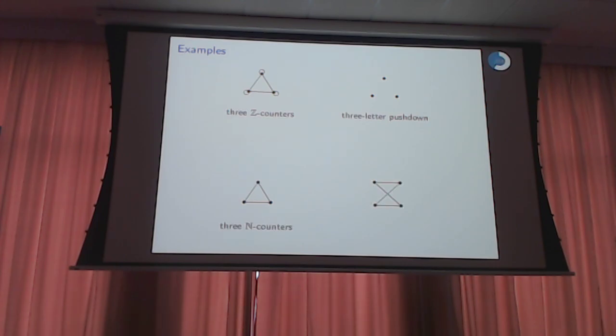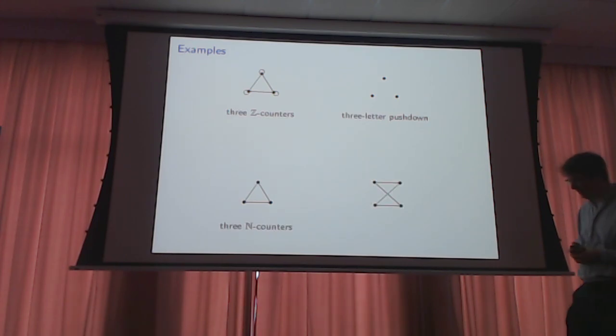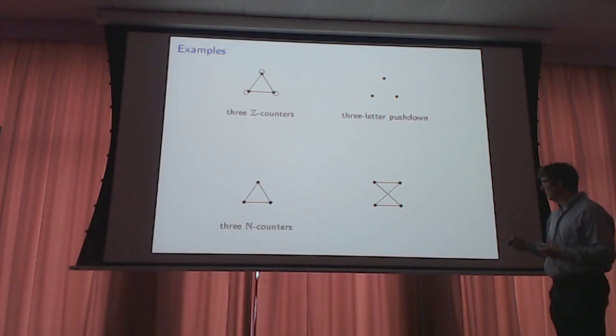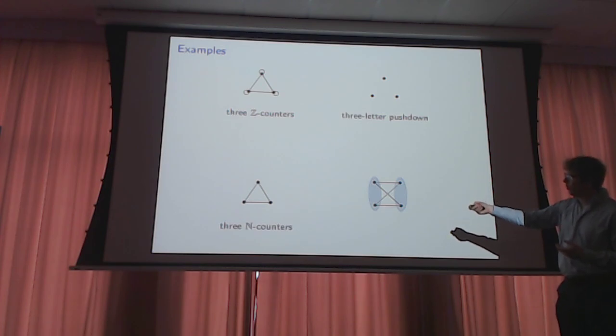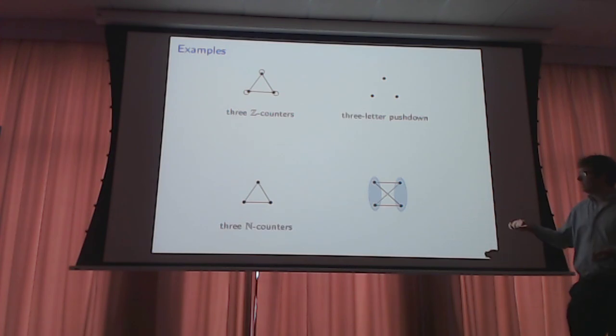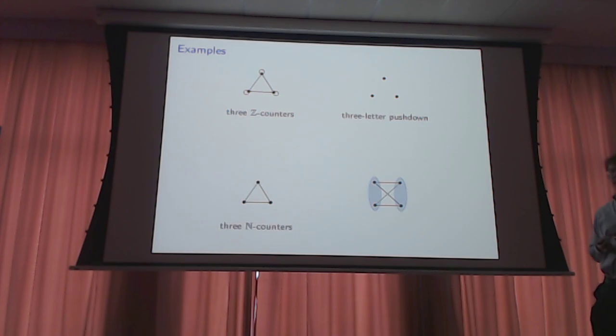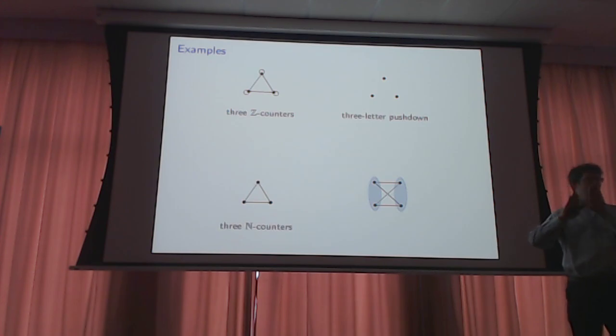Now this is not so easy to see immediately. But if you group the vertices, if you just had the 2 left ones, it would be a pushdown. If you just had the 2 right ones, it would also be a pushdown. But now you have edges everywhere in between. So it means you have 2 commuting pushdowns.